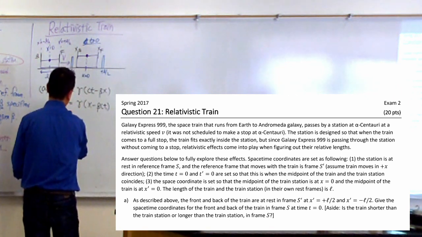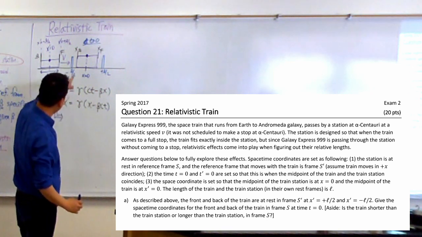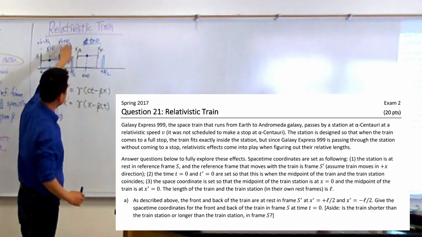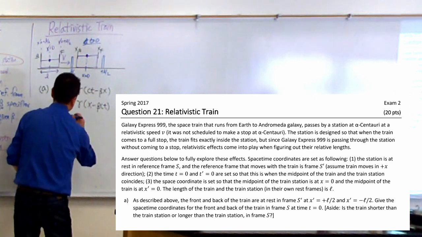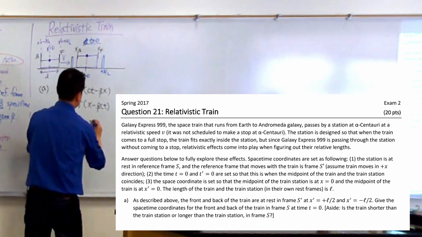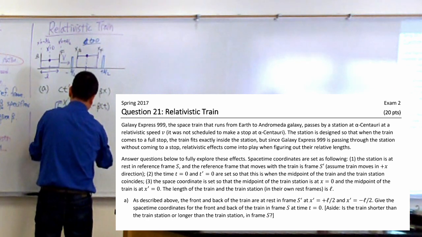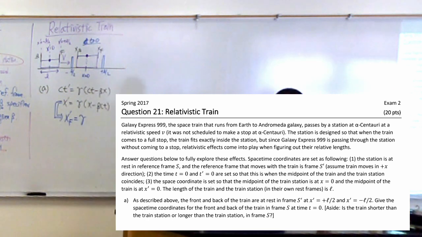I'll just use the second equation. So x prime front is equal to gamma. Did I say I could leave the answer in terms of gamma and beta? Oh, I didn't.